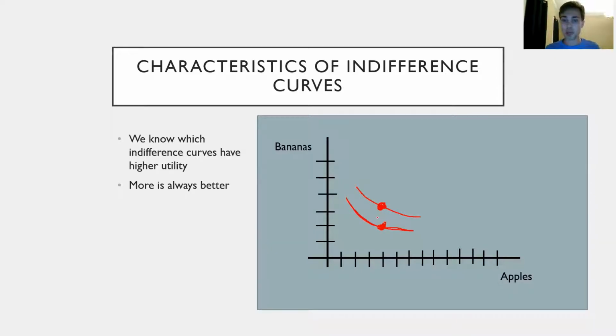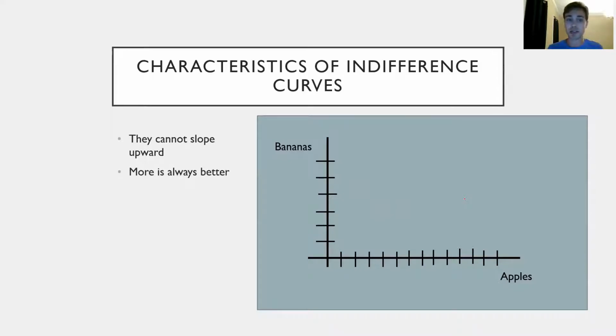And so since more bananas is always better, we know that this indifference curve that lies northeast is going to have higher utility. And so in general, we're going to be increasing our utility as we move to the northeast of this graph here. So our utility is increasing this way.